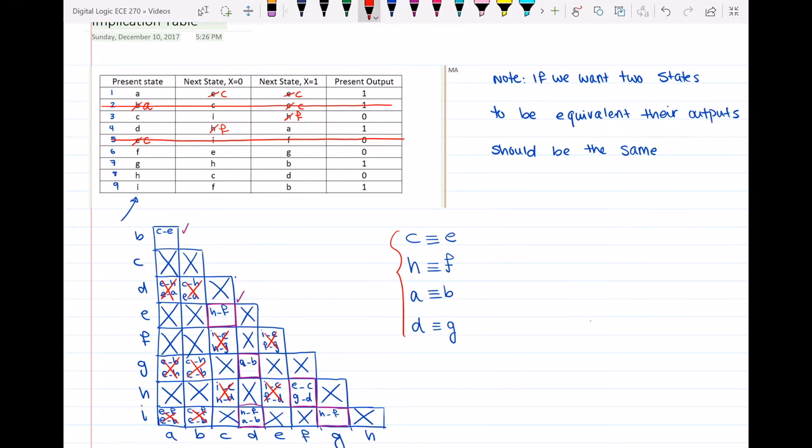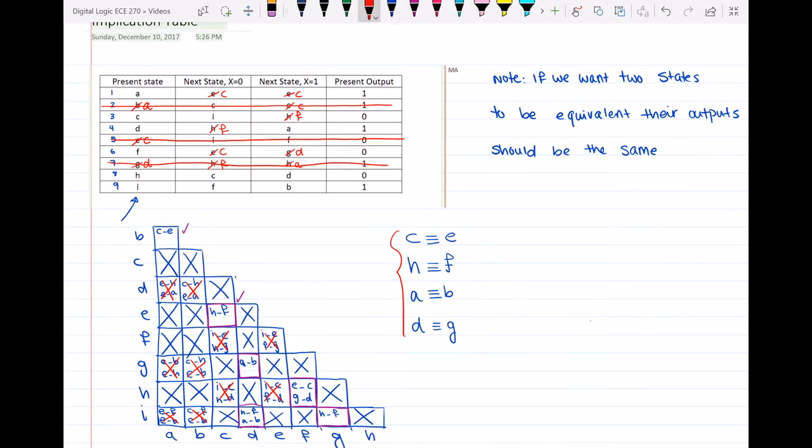Then what else do we have? I have row F, and the next state is E, so I'm going to substitute E by C. And then I have G, and I will substitute G by D. Then row G, I said that I'll substitute it by D, and then H is F, and B is A. So clearly, rows 4 and 7 are the same, so I'm going to cross out row 7.